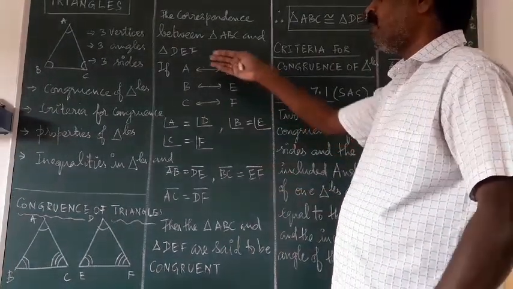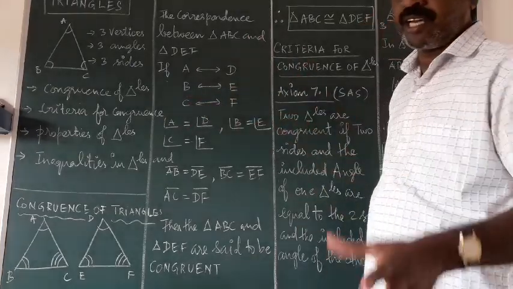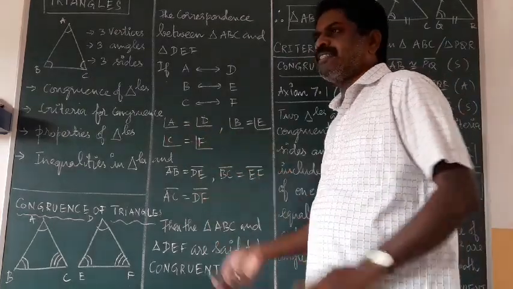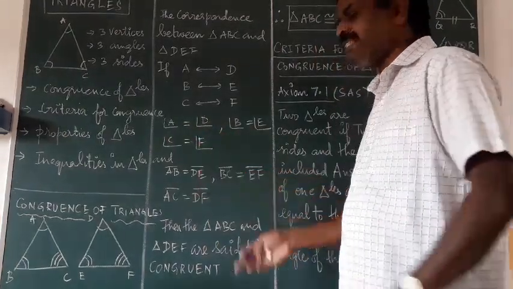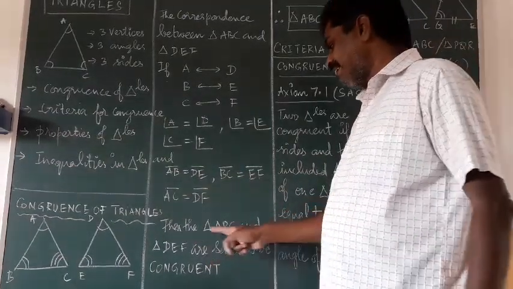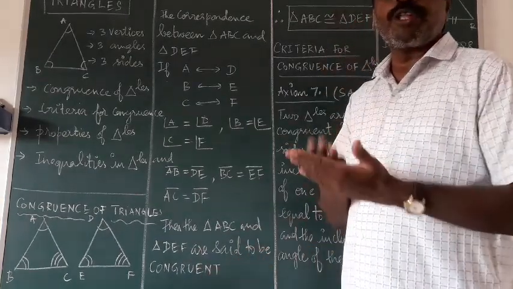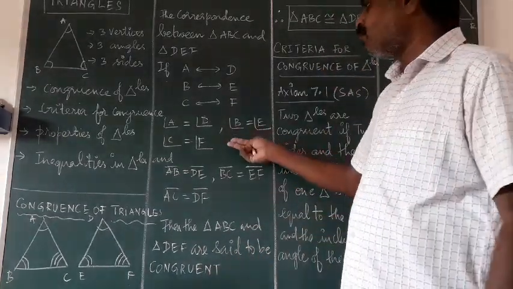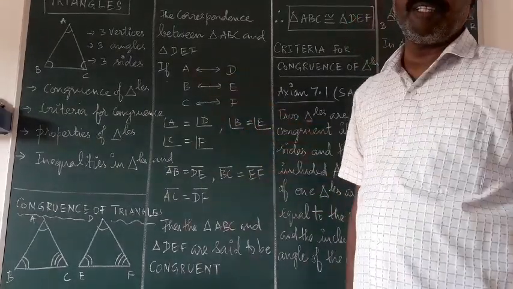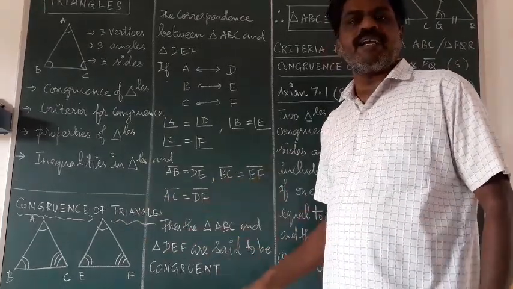See, the one-to-one correspondence, vertex to vertex: A to D, B to E, C to F. If the corresponding angles are equal and the corresponding sides are equal, then congruency exists. Then triangles ABC and DEF are said to be congruent. Both are same to same. Angles should be same, side lengths should be same, and the correspondence between the two triangles should be equal. Then the congruency of the triangles exists.